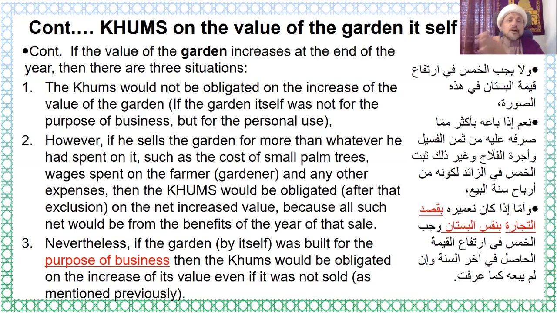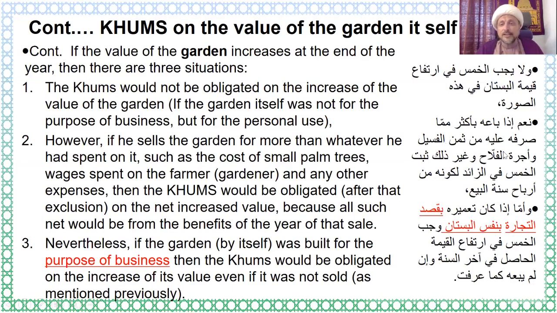So his cost of the garden was $150. So the net remaining is $50. So we say that you can exempt $150 because you had spent on the garden, and $50 extra you have to pay the khums of because that's your annual profit, net profit of the year, sale of the year.